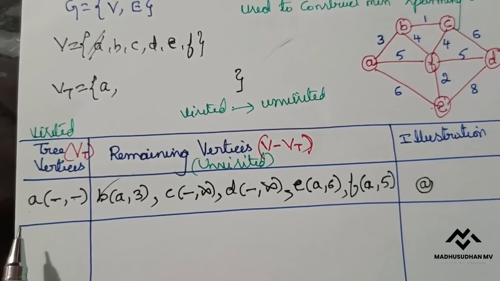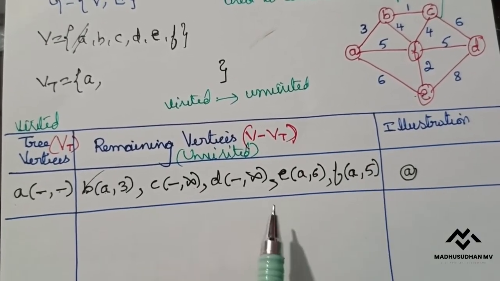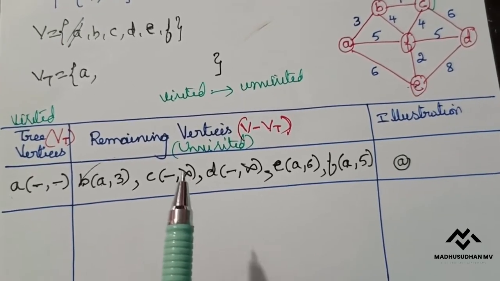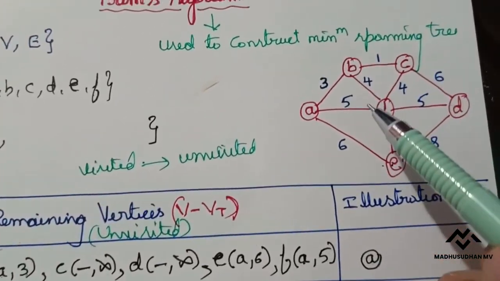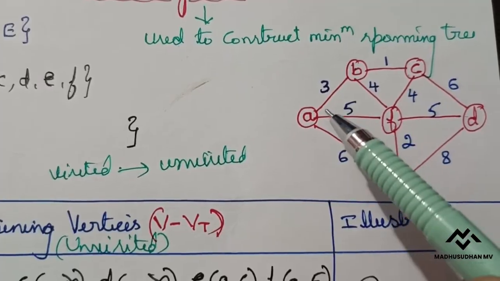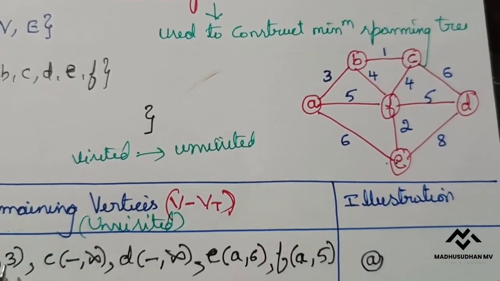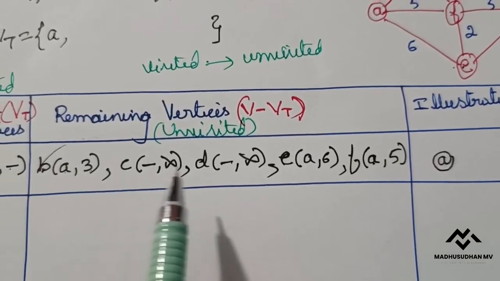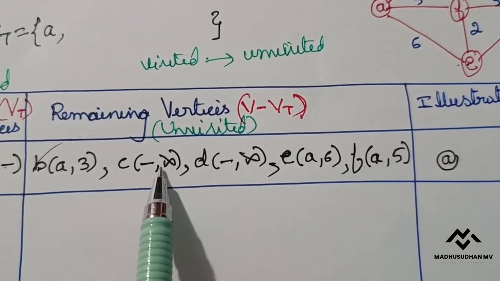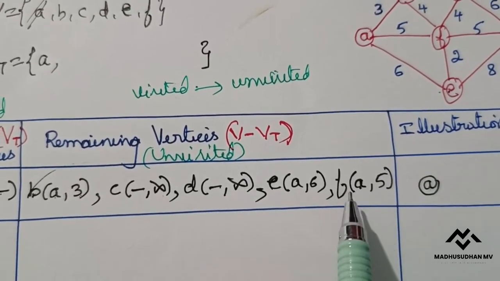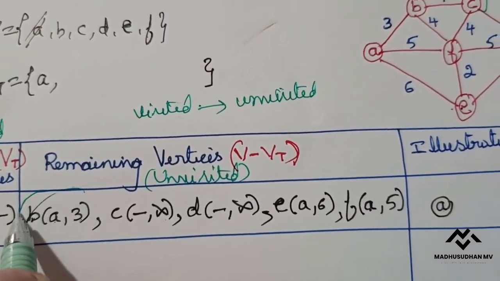Here visited is A. Now from A, among the unvisited, that means among the remaining vertices, select one edge which is at a short distance. Look into the diagram, the graph. From A, I can see 3, infinity, infinity, 6, 5. Which is minimum here? 3 is minimum.